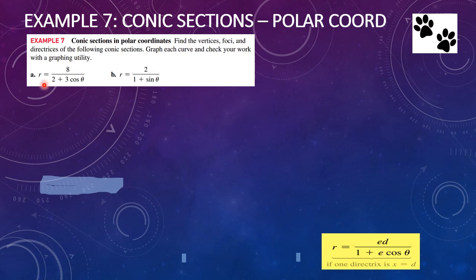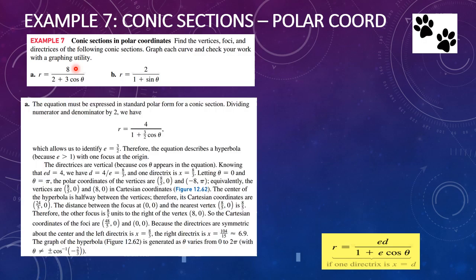In order to turn 2 into a 1, we multiply by its reciprocal, 1/2. If we multiply the denominator by 1/2, we get 1 plus 3/2 cosine theta, which makes e equal 3/2. But if we multiply the denominator by 1/2, we have to do the numerator as well. That gives us an equivalent equation for r, which is 4 over 1 plus 3/2 cosine theta.